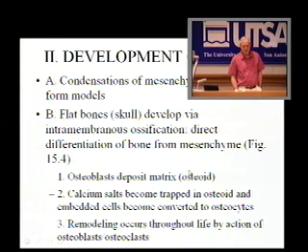So the osteoblasts, as we know, are those that will develop the matrix, lay down the first hydroxyapatite, the calcified deposits called osteoid. The calcium salts become trapped in that osteoid.